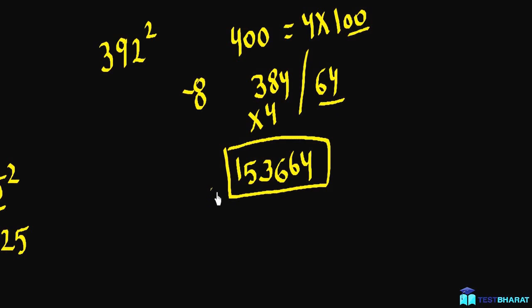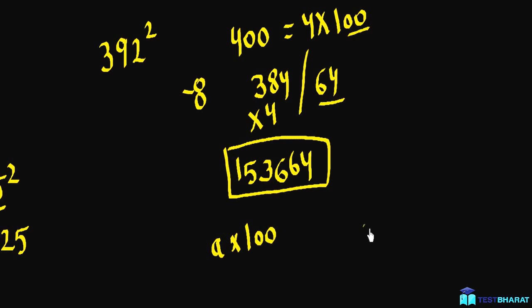So what we have learned is that whatever number I'm multiplying my 100 with, here it was 4, so I had to multiply 384 with 4. So we can generalize it also. Let's say my base is a multiple of 100, and a times 100 is my base.